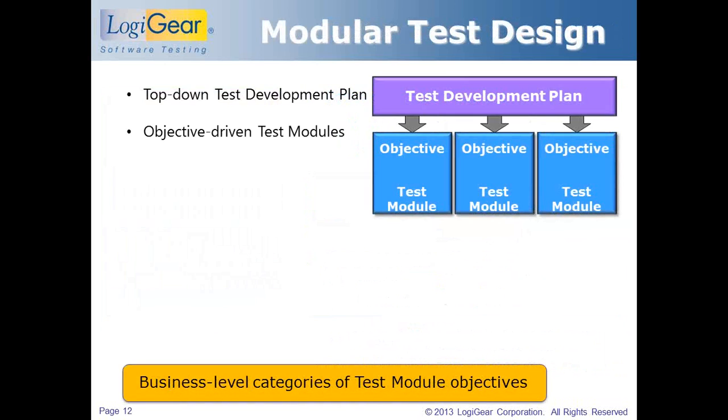That's a little different than other environments where test cases might have objectives, but this is a higher level of abstraction. So the test module has a set of objectives that need to be achieved for those test cases to be successful, and those objectives are assigned to each of those test modules, and the test modules are pretty much independent of each other.